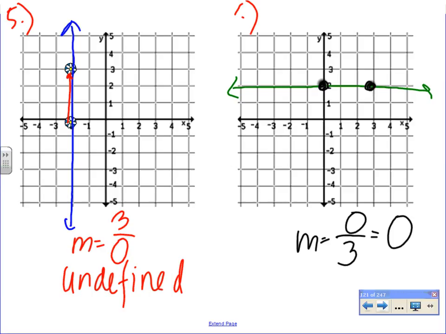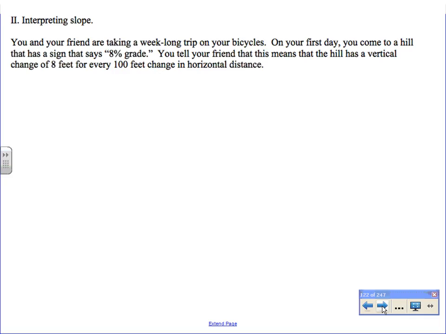All right. So the very next question, you and your friend are taking a week-long trip on your bicycles. It's on the very next page. On your first day, you come to a hill that has a sign that says 8% grade. Tell your friend that this means that the hill has a vertical change of 8 feet for every 100 feet change in horizontal distance.